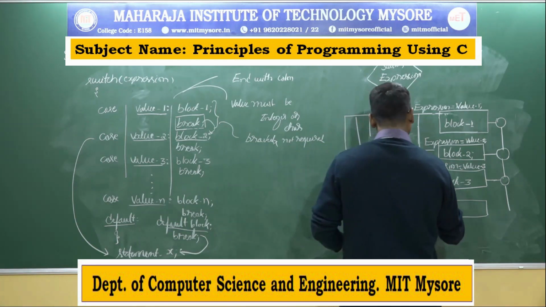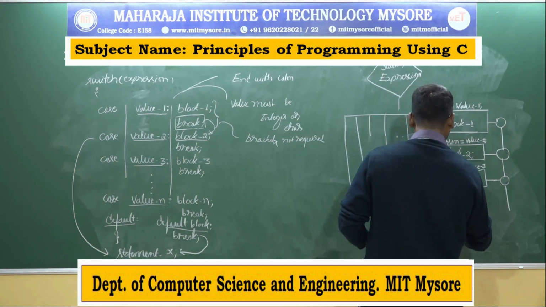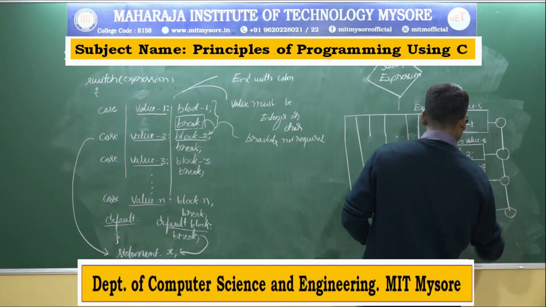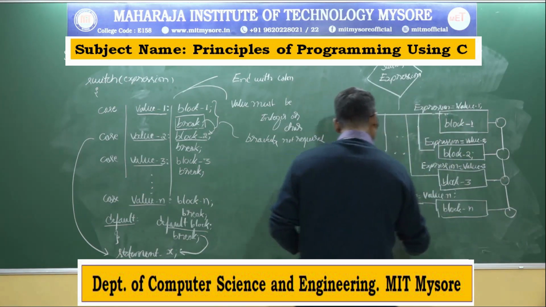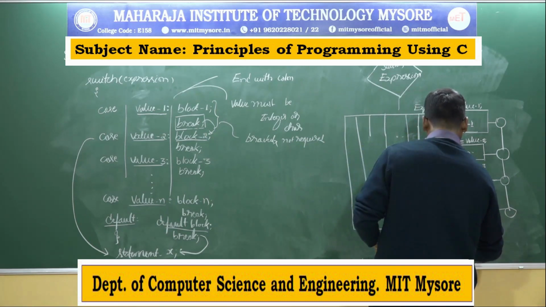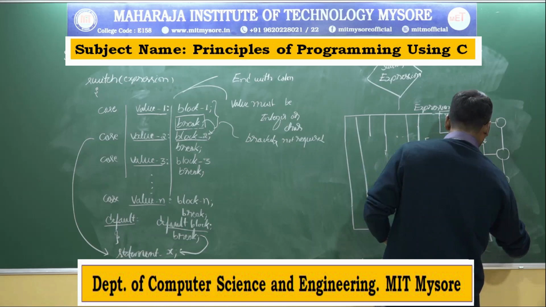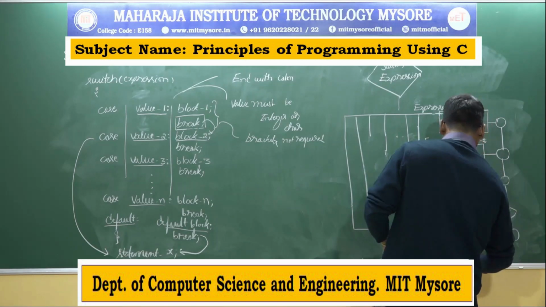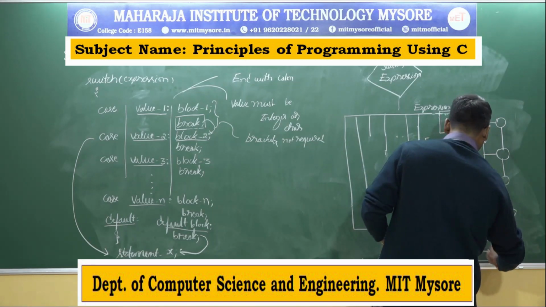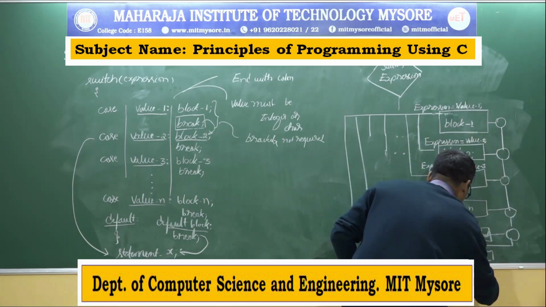Then if the expression is equal to value n, this block n statement executes. If none match, then the default block. Once it executes the default block, control is transferred to statement X.